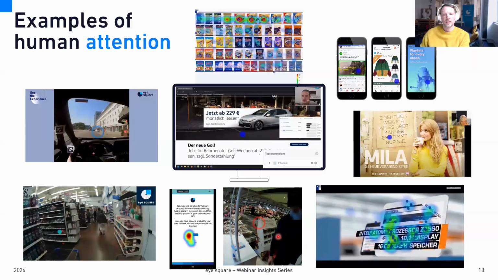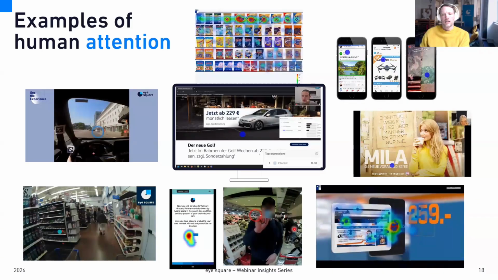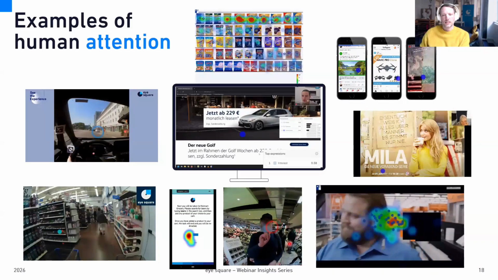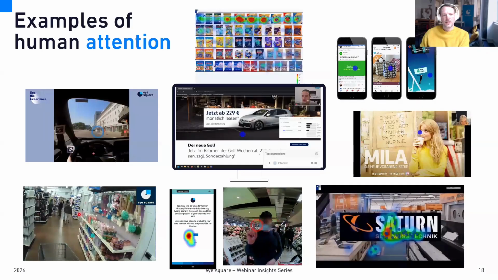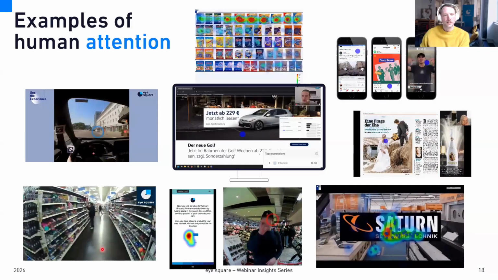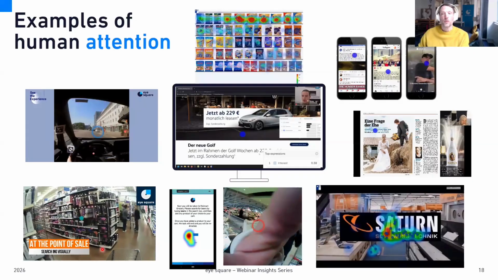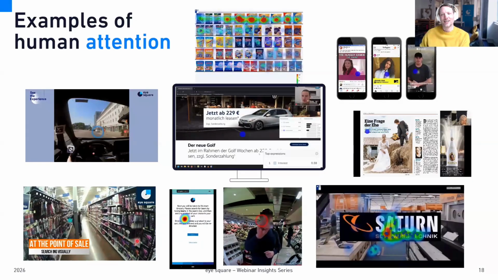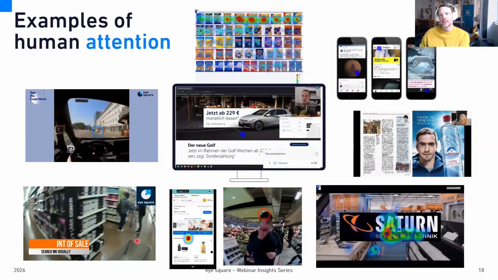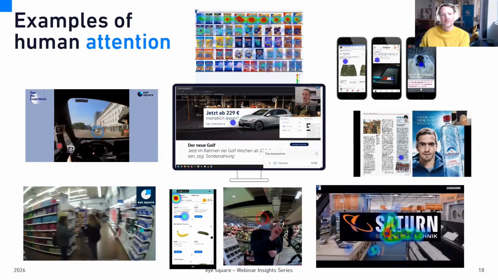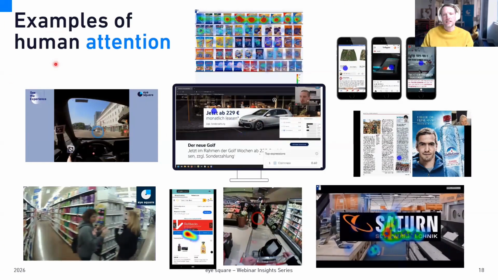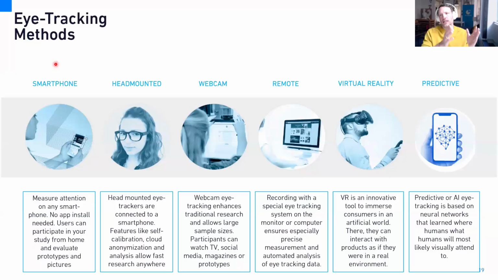You will see it's a German supermarket, and this is a US supermarket. You see where eye tracking then is used actually in the wild, we say, and how many hours of videos we analyzed in these different settings, and we differentiate between these systems.